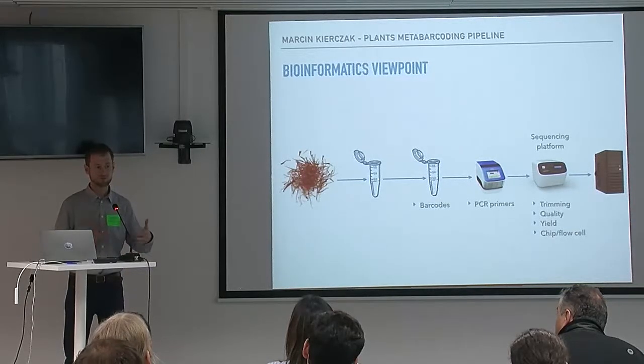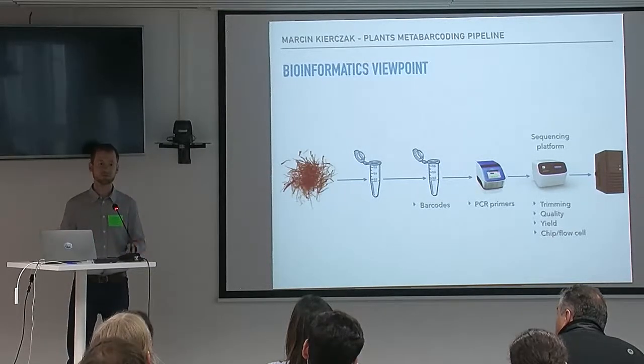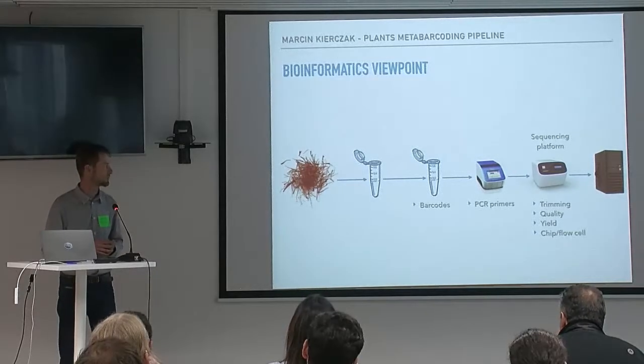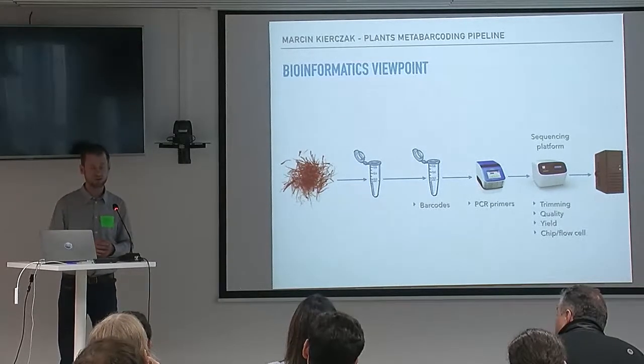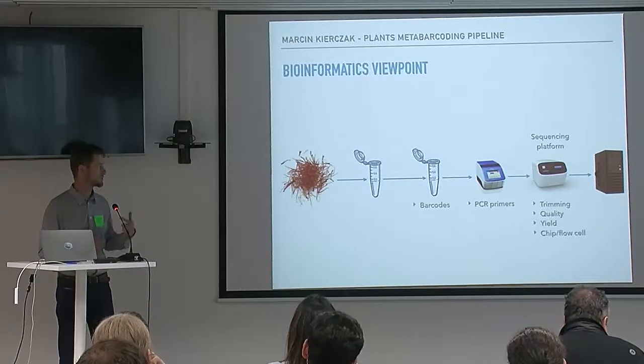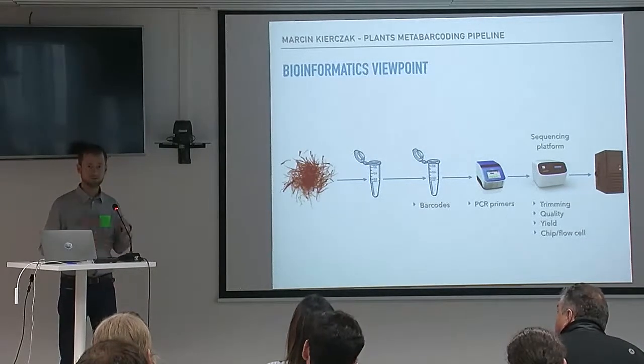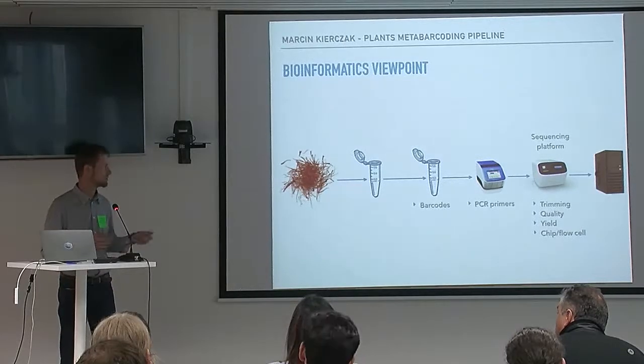It's quite often that we receive 100 samples and we have to multiplex them in order to sequence them efficiently. We are also using a number of flow cells sometimes because it's not possible to fit all the replicates and all the samples on one flow cell.